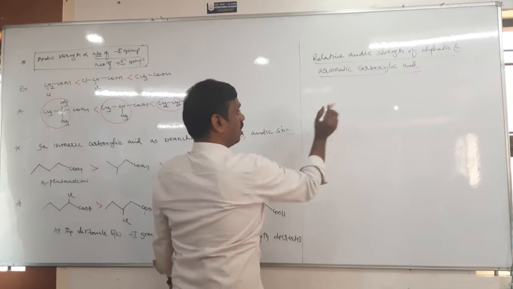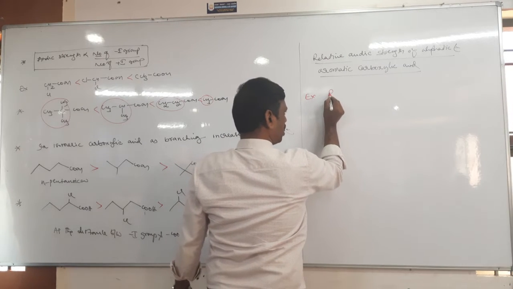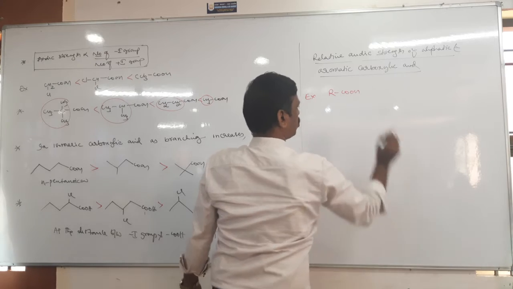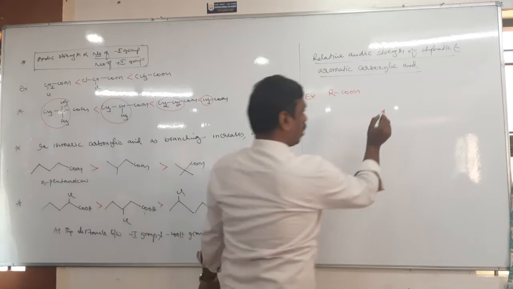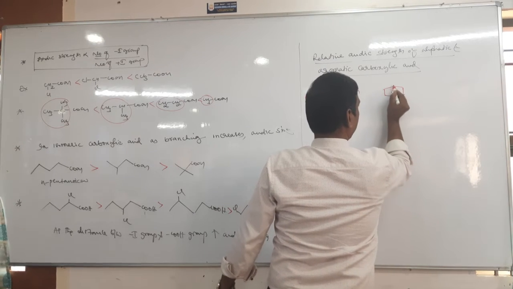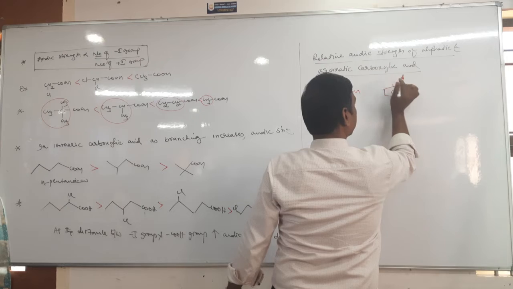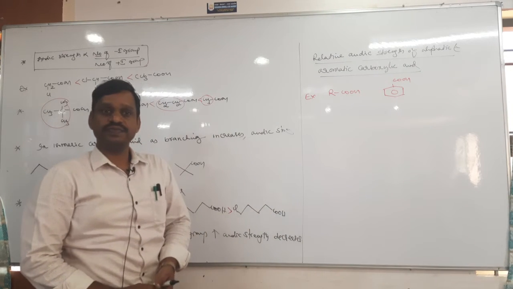Let us take aliphatic as acetic acid, or else you can take the general formula RCOOH, aliphatic carboxylic acid. Aromatic carboxylic acid is benzoic acid. Tell me, among aliphatic and aromatic carboxylic acids, which are more acidic and why?